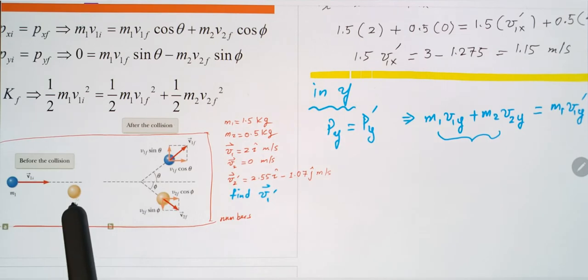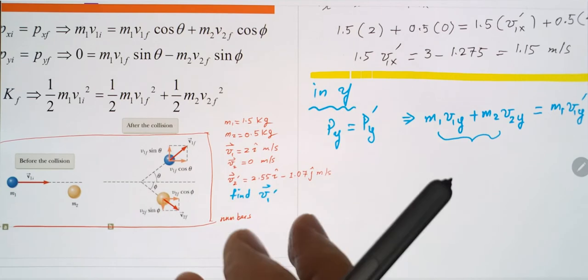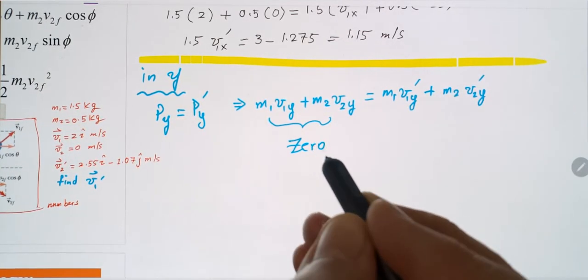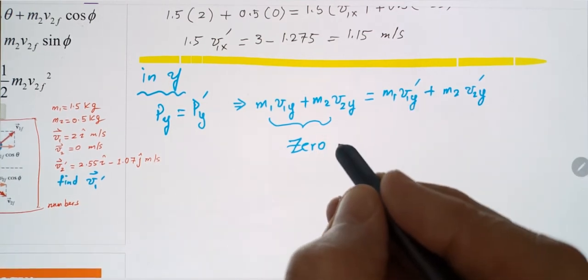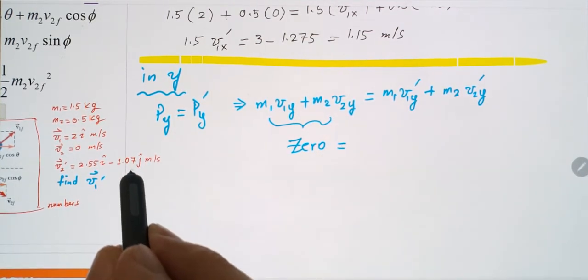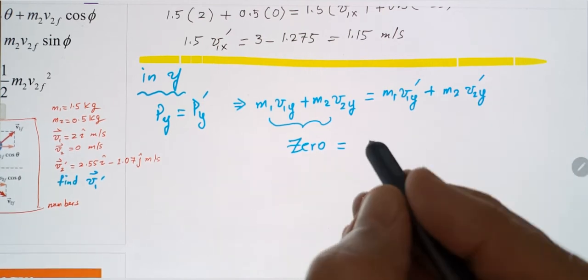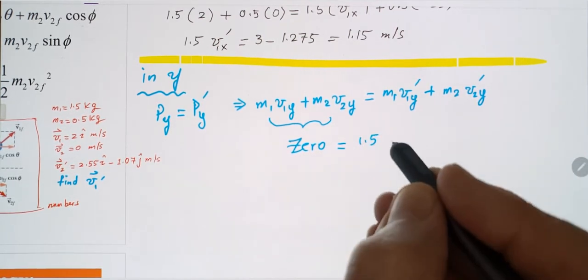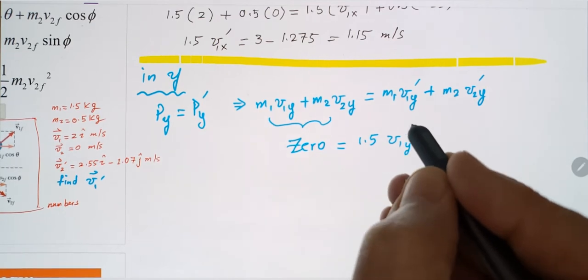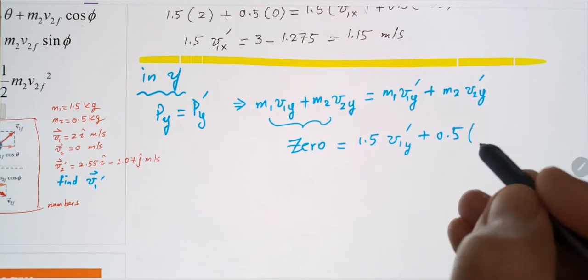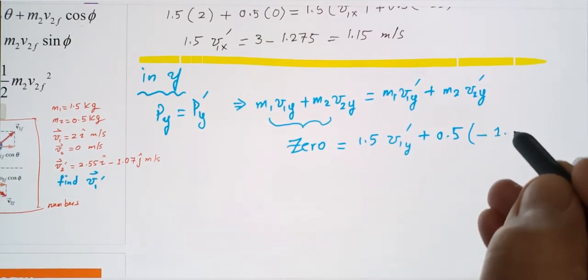Component of M2 in the y-axis is 0 also. So the total momentum before the collision was 0. So after the collision, I know the component in the y-axis for the second object. For the first object, 1.5 V1y prime plus the mass of the second object multiply minus 1.07.